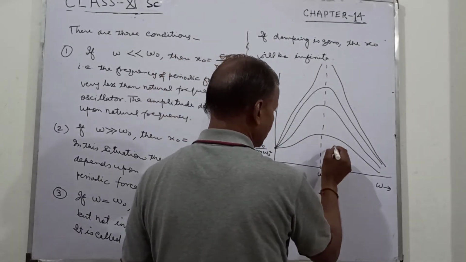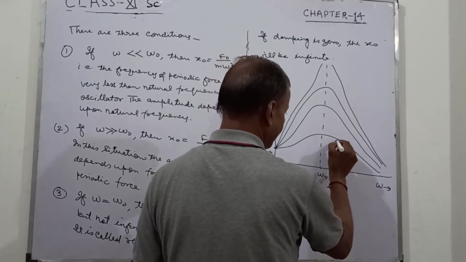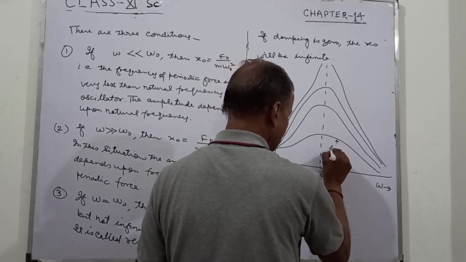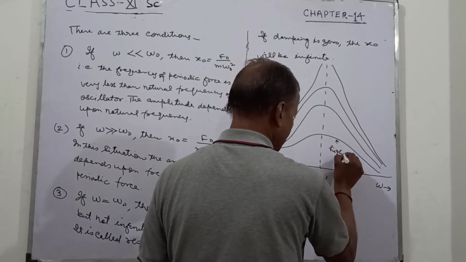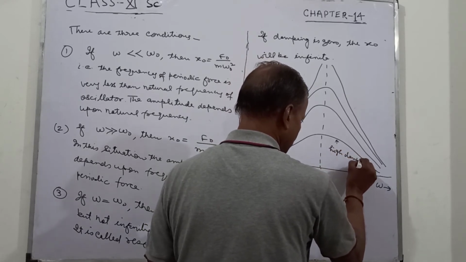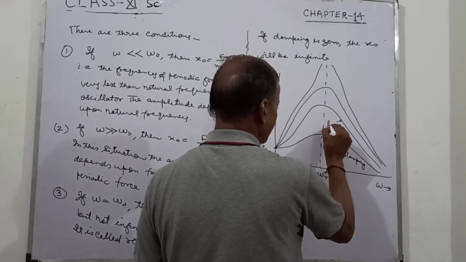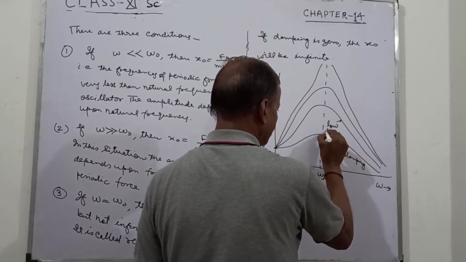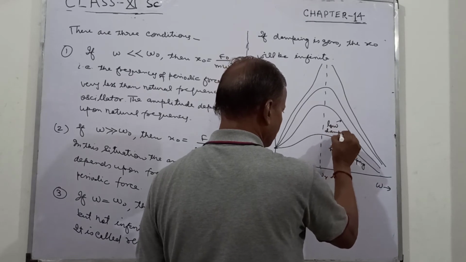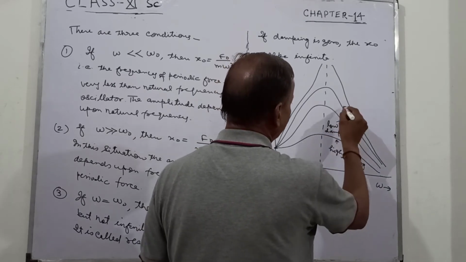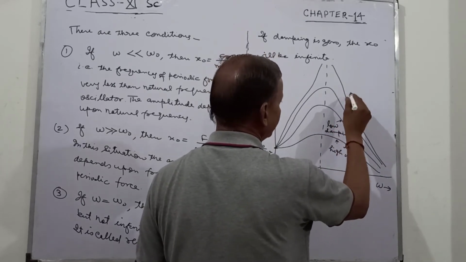So this is for very high damping. This is high damping. This is for low damping. And this curve is for very low damping.